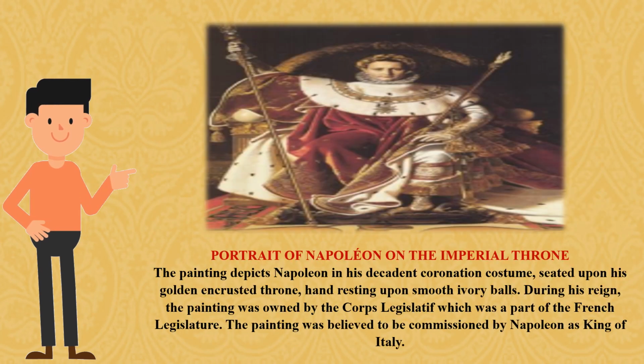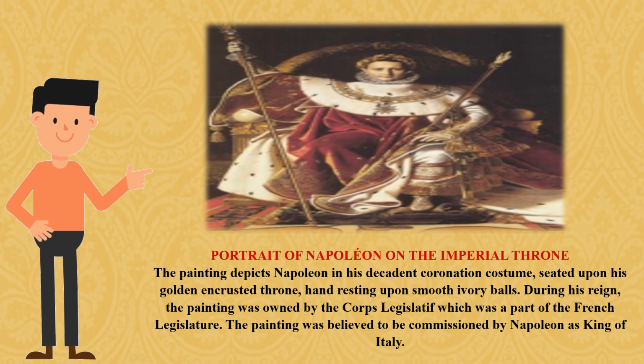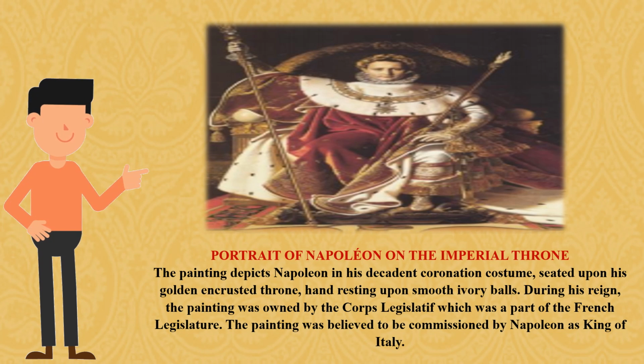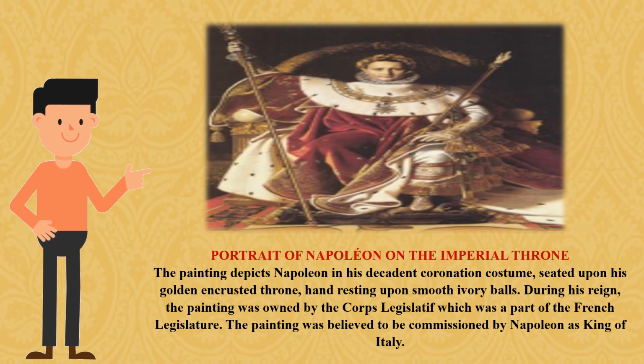So the first one is the portrait of Napoleon on the imperial throne. When we say throne, this is the seat of the emperor or the person who is leading the country. The painting depicts him in his decadent coronation costume, seated upon his golden encrusted throne.